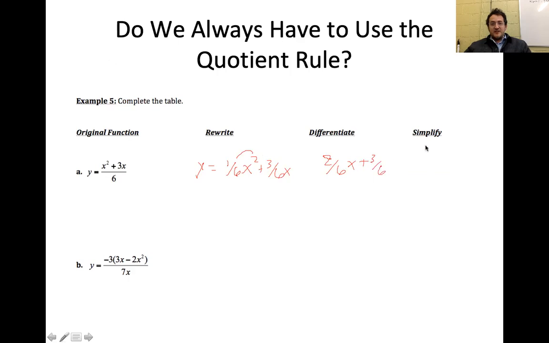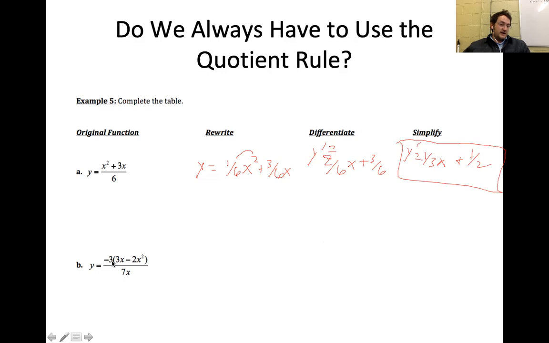And then you want to make sure that you are simplifying your fractions. So this would be 1/3 x plus 1/2. And this is your y prime. So you don't need to always be using the quotient rule there.